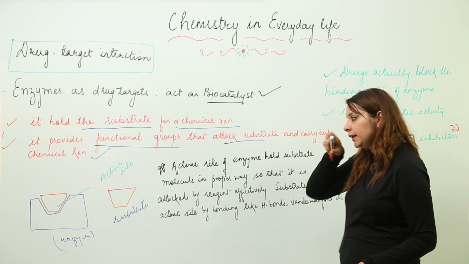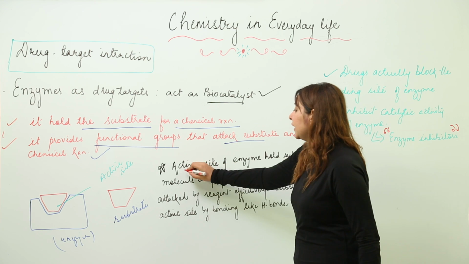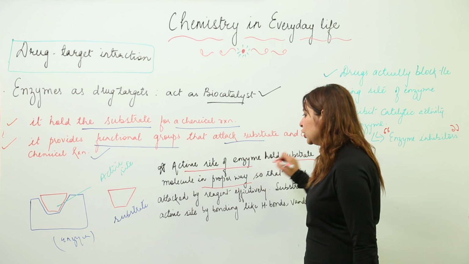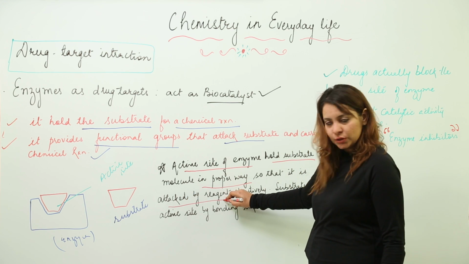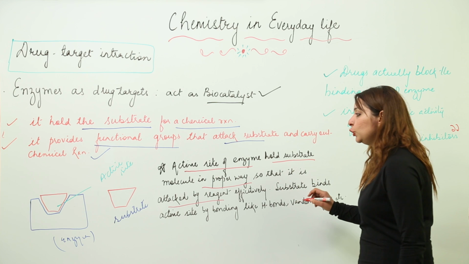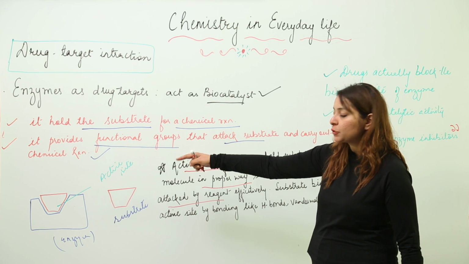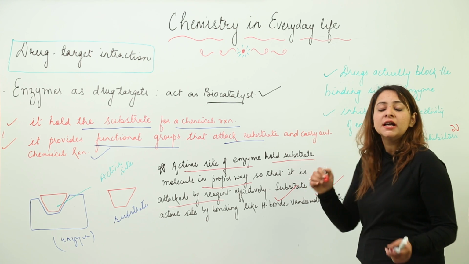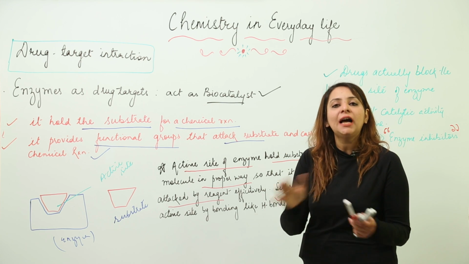So what you need to write here is: the active site of the enzyme holds the substrate in a proper way so that it is attacked by the reagent in an effective manner. And you know that the bond formed between the substrate and the enzyme can be a hydrogen bond, van der Waals force, dipole-dipole interaction, it can be any kind of force.